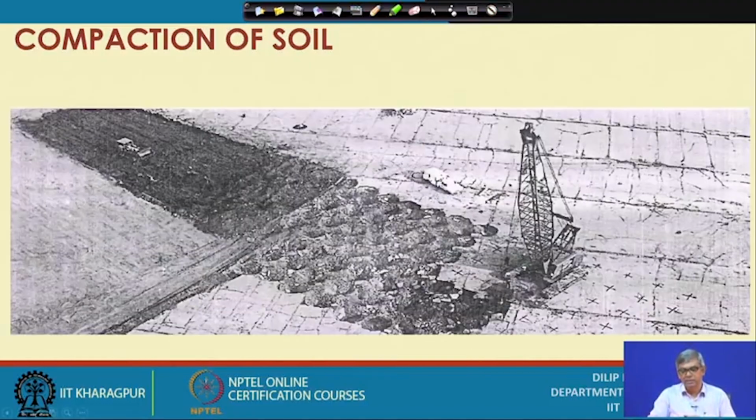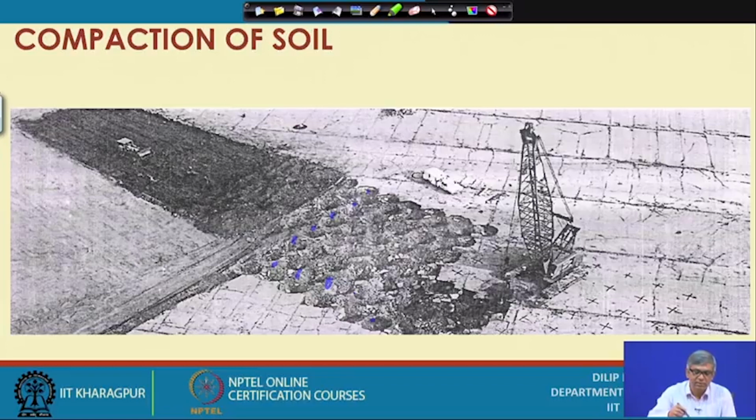And as I have mentioned, it is typically a picture shown from the side. This is a crane and the weight is dropped from here, and because of that the surface is highly disturbed, and the other places are disturbed. And as I have mentioned, deep dynamic compaction alone sometimes cannot do the complete job.